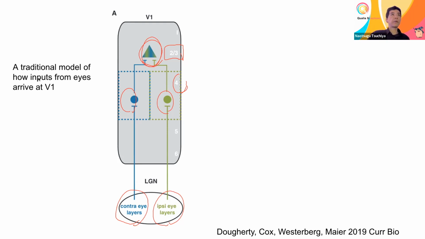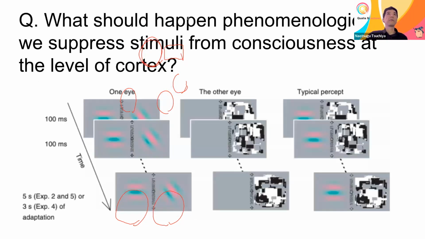Now, the question is here. If it's true that the afterimage is generated at the level of the cortex, right? Then what should happen phenomenologically? What should happen in your consciousness if we suppress the stimulus from consciousness at the level of the cortex?